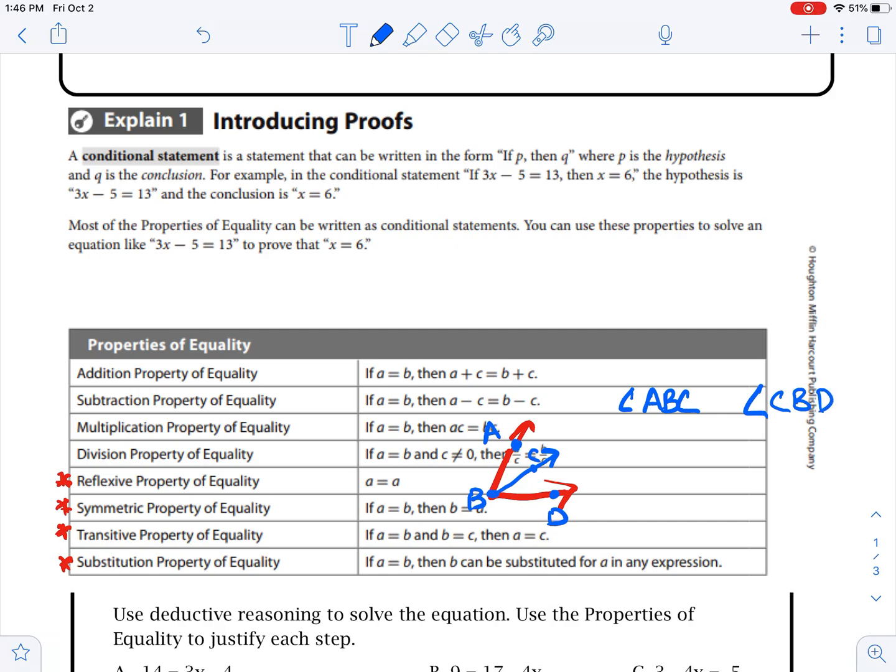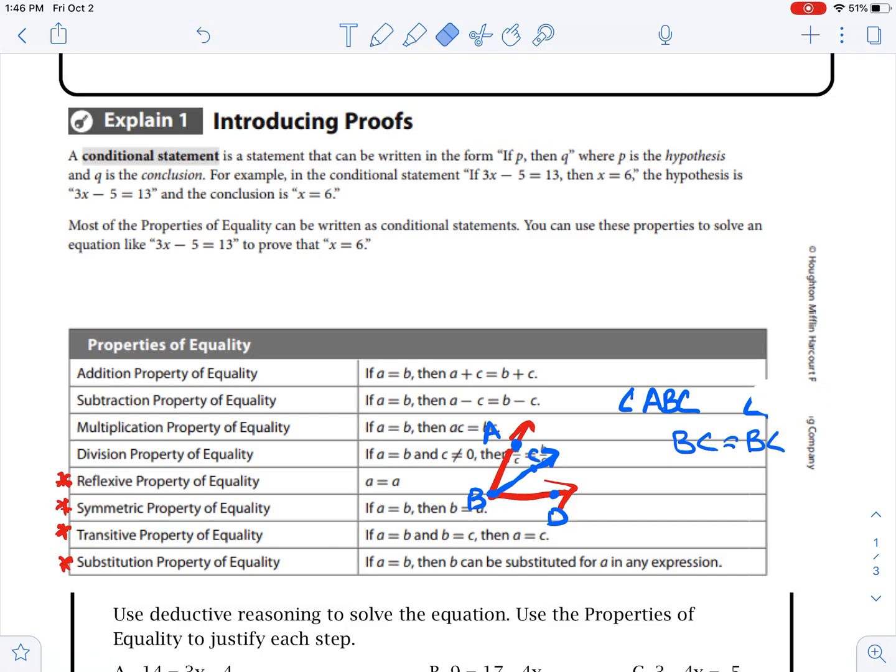What we can conclude is that side BC is equal to BC, because it's the same line. It's right there. That's the idea of the reflexive property: when we have a common side or common angle, we know they're equal because it's the same side.